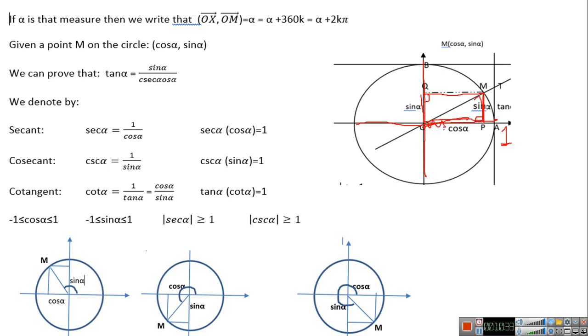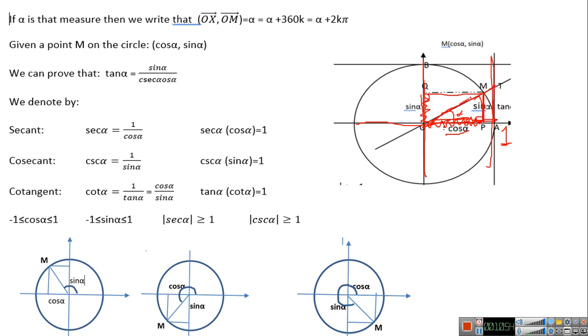The projection on the x-axis, which is this side, OP, is called cosine of angle alpha. And this measure here will be sine of angle alpha. Tangent: if you draw the tangent at point A and continue the line here, it will cut at a point T. This is the tangent.